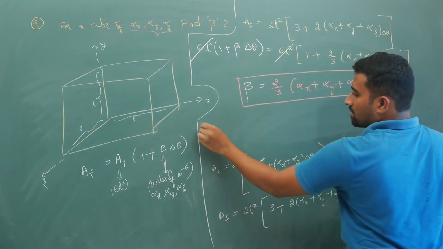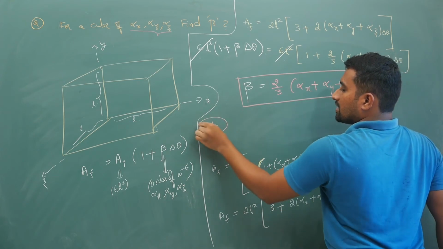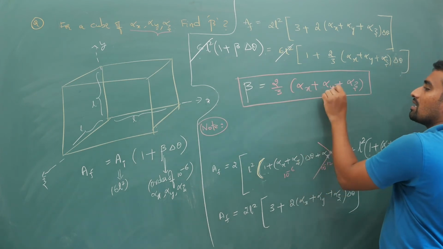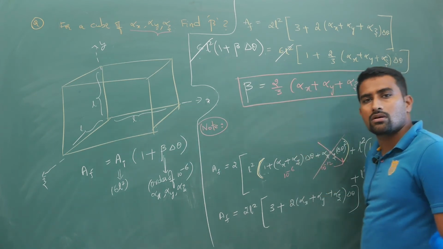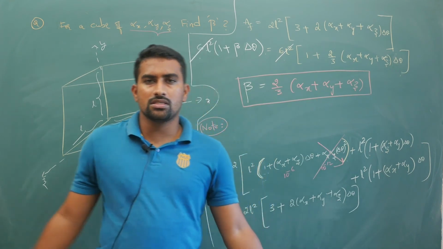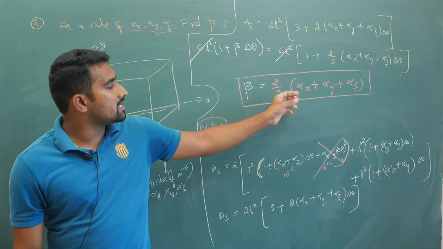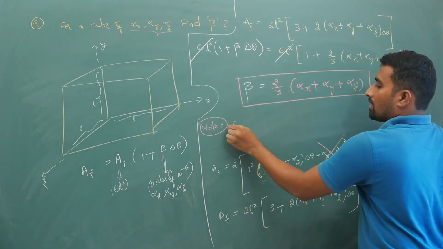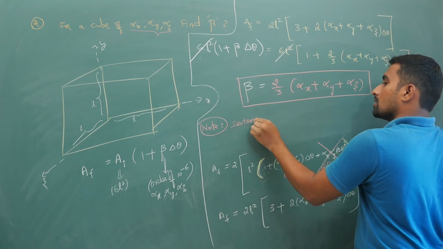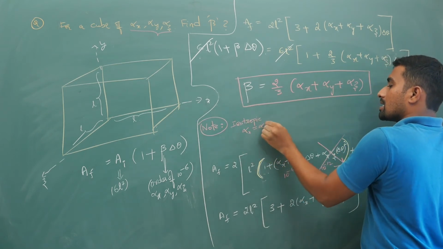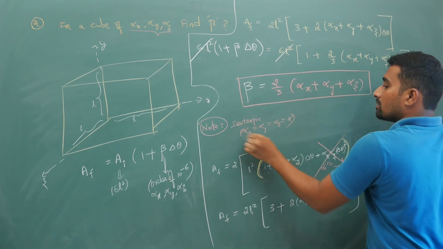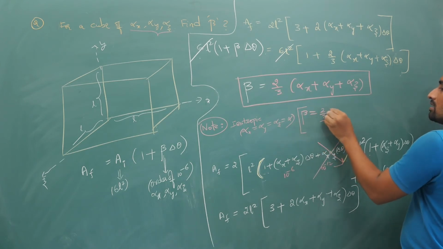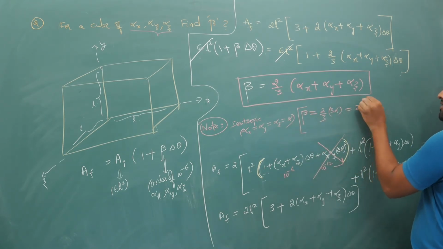Now a note I will write very clearly: if isotropic, alpha x, alpha y and alpha z all are equal. I told you for an isotropic solid expansion is the same in all directions. So if that is the case, I equate alpha x, alpha y, alpha z all to alpha, then your beta is 2 by 3 times 3 alpha, so that will give you 2 alpha.